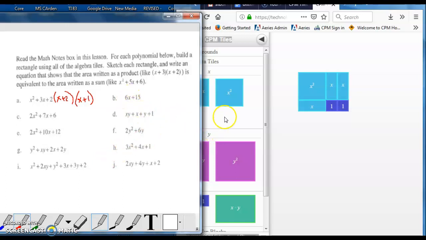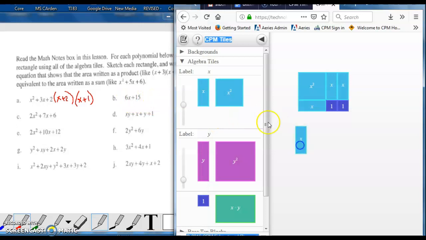Let's try B. Let's see what happens for B. So I need 6 of these x's. So 1, 2, 3, 4, 5, 6. Cool. And then I need 15 of these.